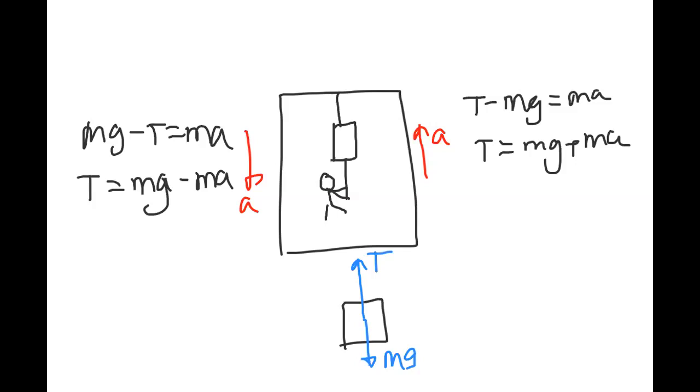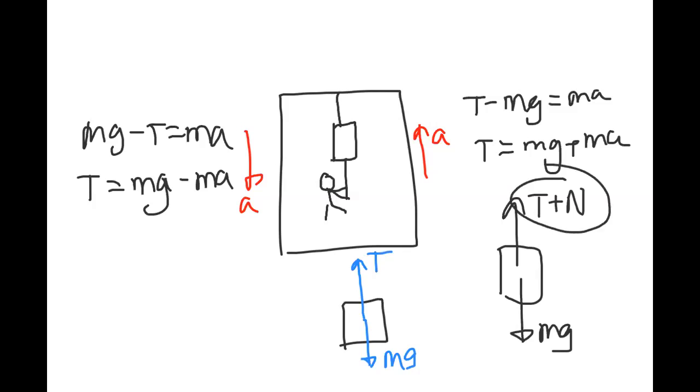You notice that if this person is actually on the floor, then in the free body diagram you'll get T plus N upward and mg downward. So it is T plus N now that is measuring the weight. It will have to be the reading on the spring balance and the reading on the weighing machine, combined, that will give you the weight.